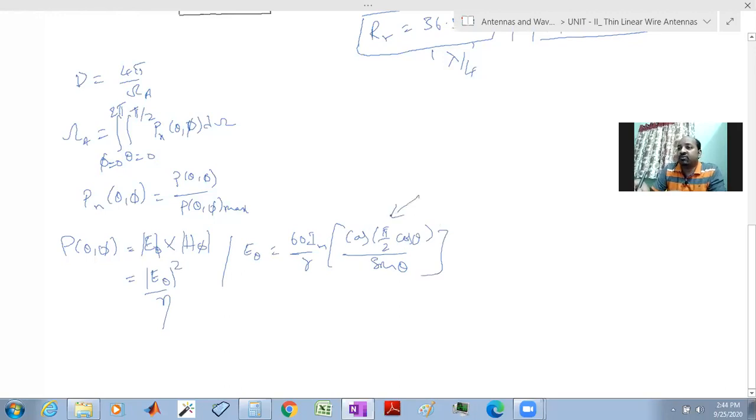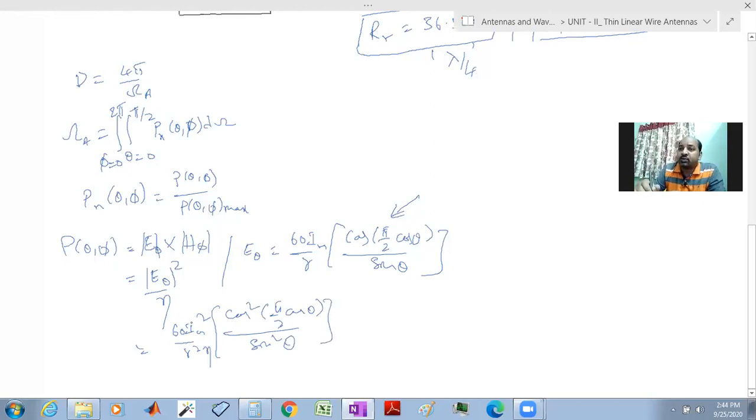E theta is equal to 60 I_m by r times cos(pi by 2 cos theta) by sin theta. For the half wave dipole and the quarter wave monopole, E theta is the same. If you substitute that, P is equal to 60 I_m square over r square, times cos square(pi by 2 cos theta) over sine square theta, divided by eta.